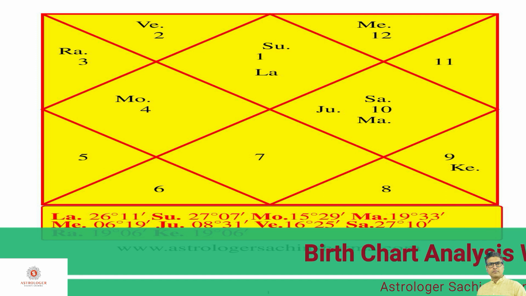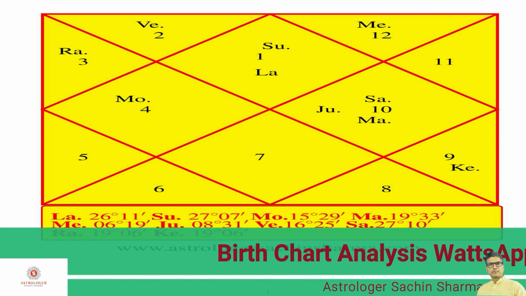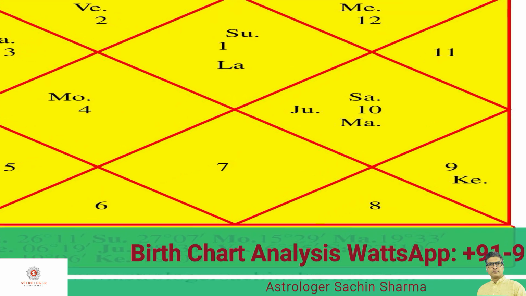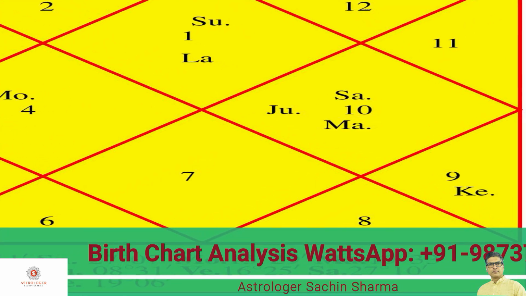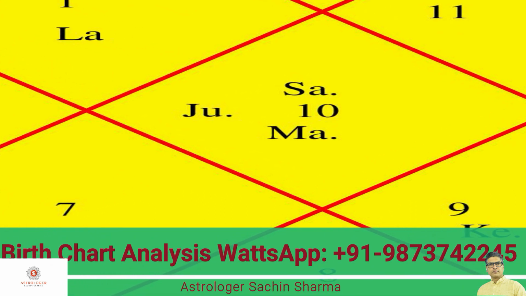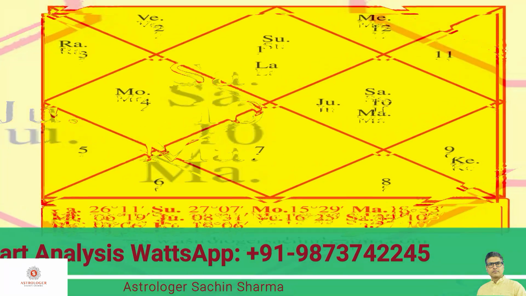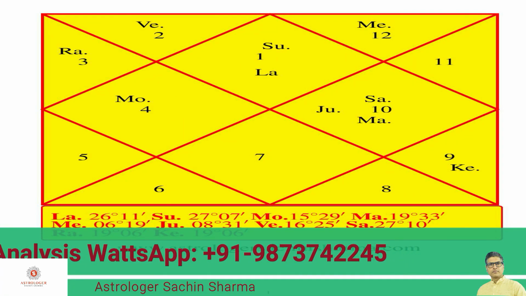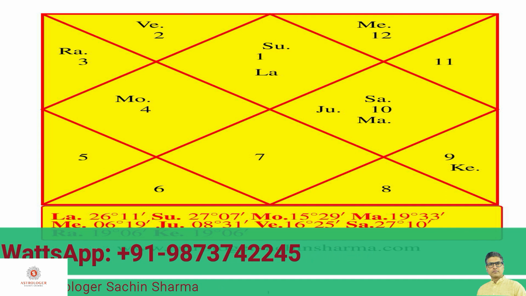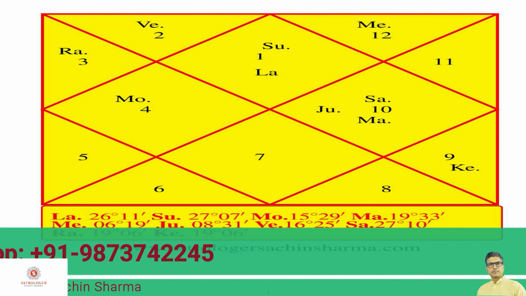That means it will give the native, the person, very positive results during its Mahadasha and Antardasha period. Saturn degree is 27 degrees and 10 minutes. That means Saturn is in death stage here, and Saturn is placed in its own sign, that is the sign of Capricorn, but due to its very low degree, its impact in this particular birth chart will be very less, and it won't be able to give 100% results during its Mahadasha and Antardasha period, even though it is a very strong position of Saturn.